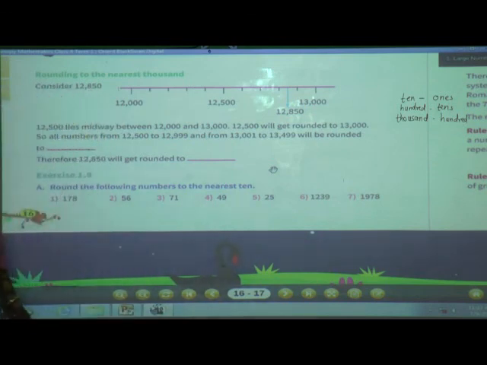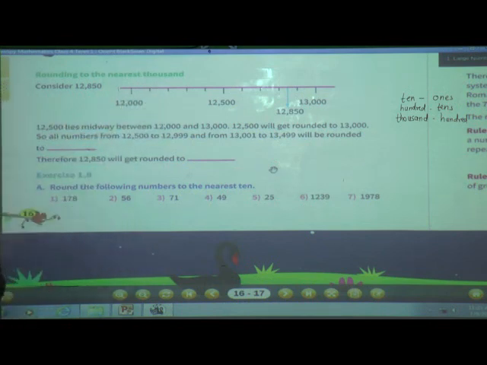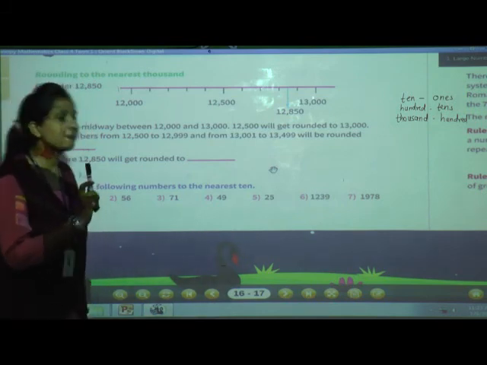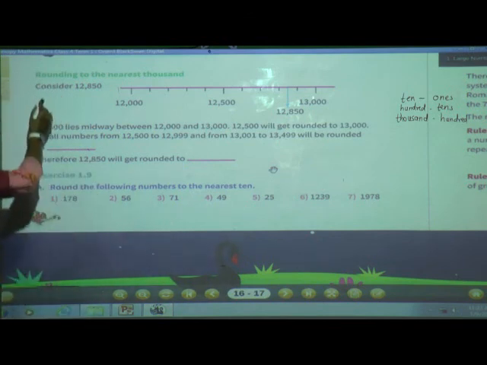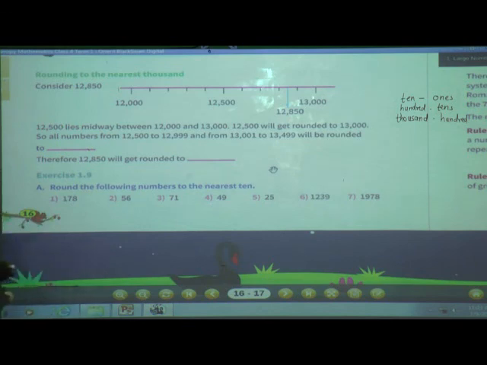Everyone open your Canopy page number 16. Rounding to the nearest 1000. Just now we have seen, whenever rounding to the nearest 1000, we have to look at the digit at the hundreds place. Consider, they had given one question, 12,815.